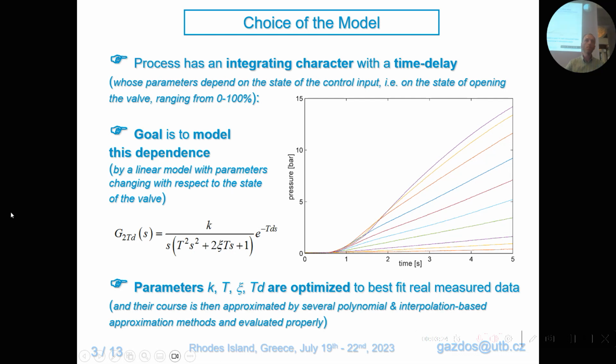So we measured some responses of this system based on the position of the valve, on the position of the opening of the valve, which can range from 0 to 100%. In this case, there are 10 responses measured on this chamber, ranging from 10% opening of the valve until 100% opening, where the valve is fully open.